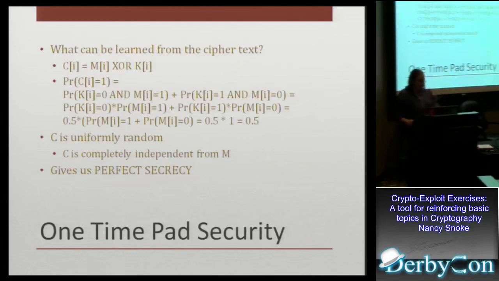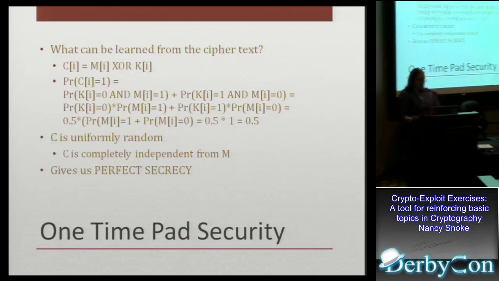And what you can see, if you go through a little bit of math, is that it is perfectly secure. What I'm doing here is looking at the ith bit in the cipher, or any bit, and calculating the probability that it's 1. If you go through the math, which isn't that bad, you're just substituting in that it's the message XOR the key, knowing that the AND turns into multiplication, and the key is uniformly random, so you get 0.5.